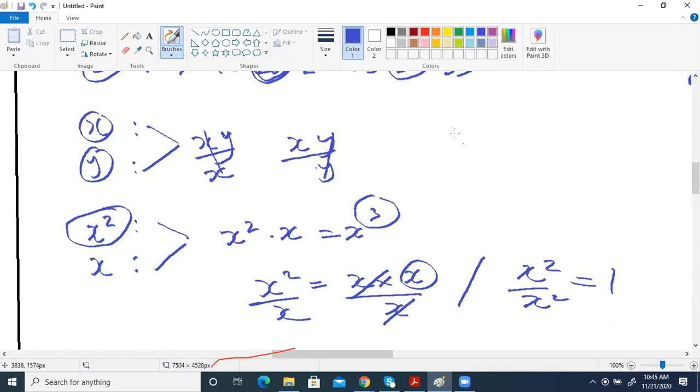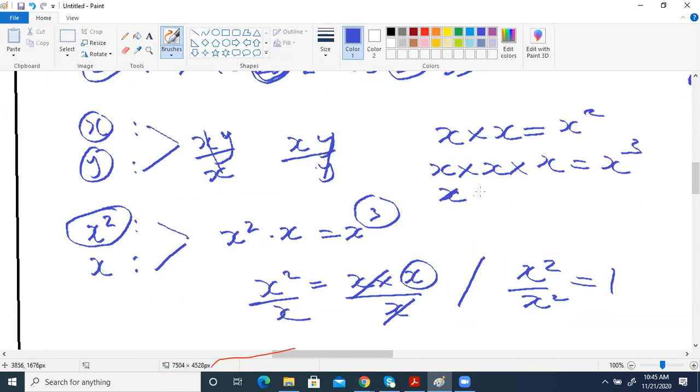So recall, x times x is x squared. x times x times x is x cubed. x times x times x times x is x to the fourth power, right?